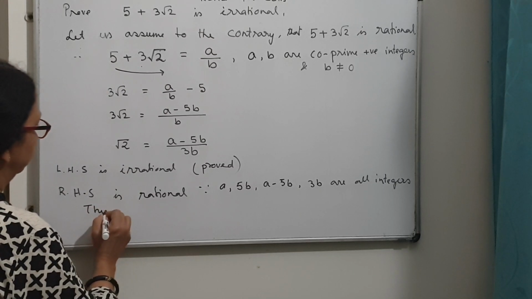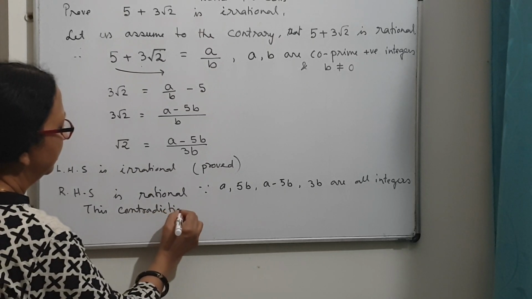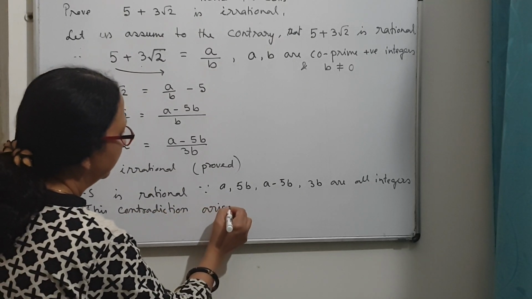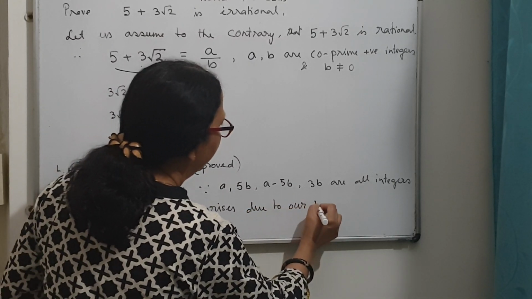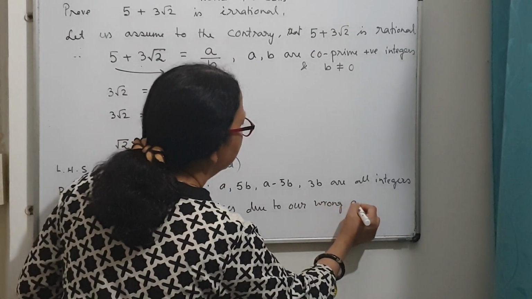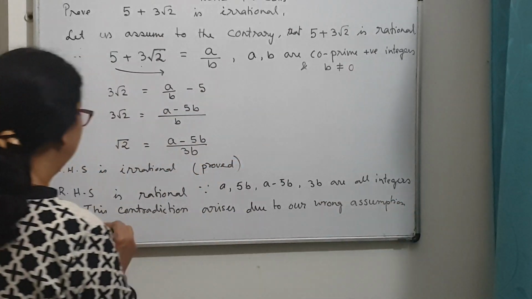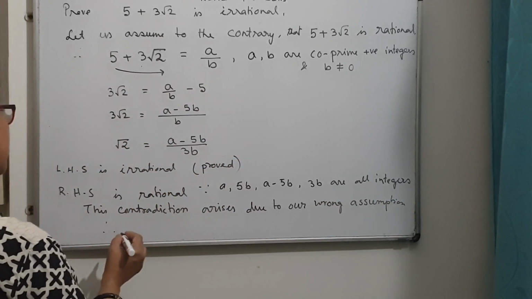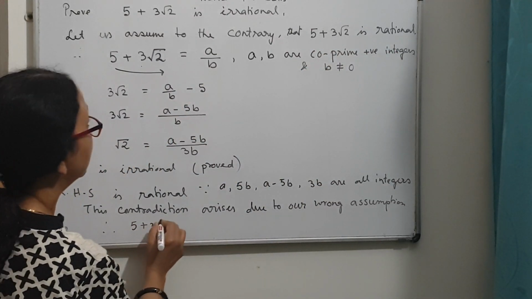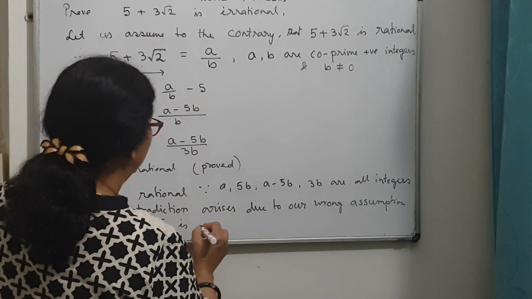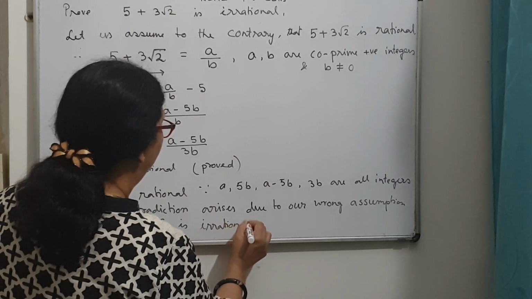This contradiction arises due to our wrong assumption. So our assumption is wrong. Therefore, 5 plus 3 root 2 is irrational. Hence proved.